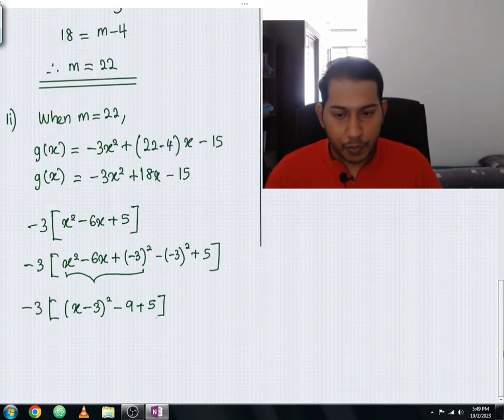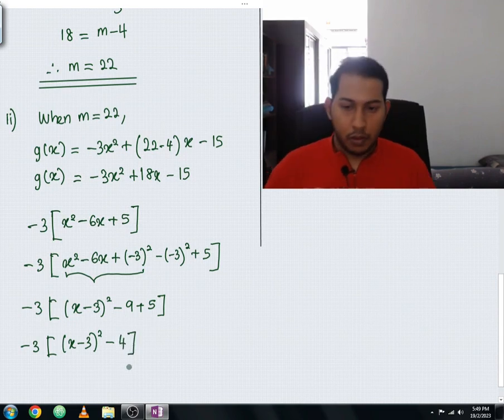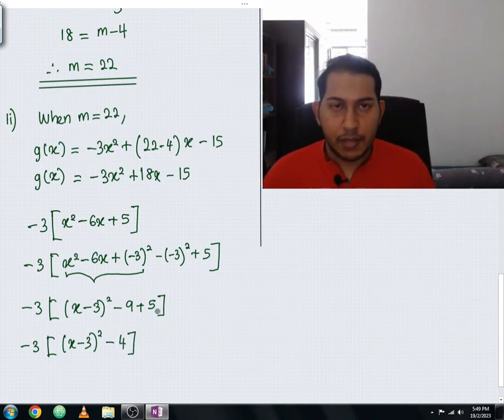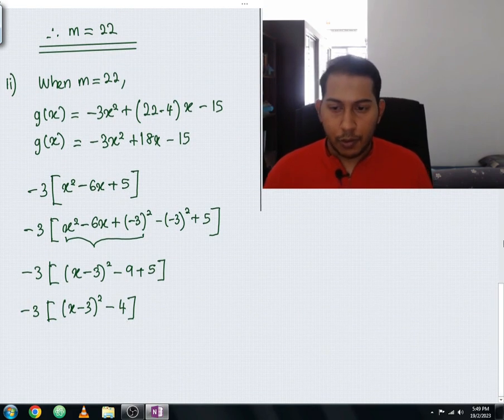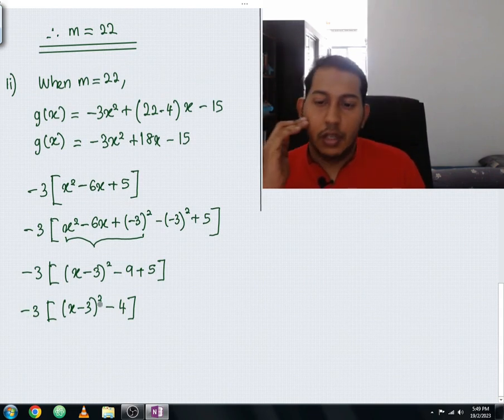So from here, negative 3, square bracket, x minus 3 squared, and then you get negative 4. Negative 9 plus 5, and that's how we get negative 4. For the final step, we're going to times the negative 3 coefficient back into this quadratic function equation.